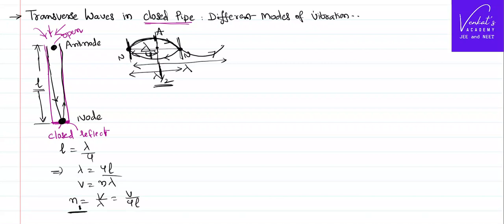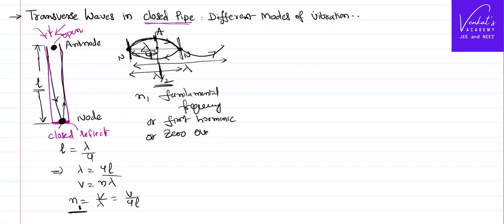This kind of frequency N1 is called the fundamental frequency. Fundamental frequency, or people also call it the first harmonic, or people can also call it the zero overtone. Be careful.